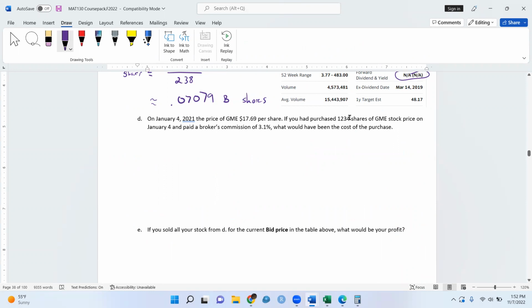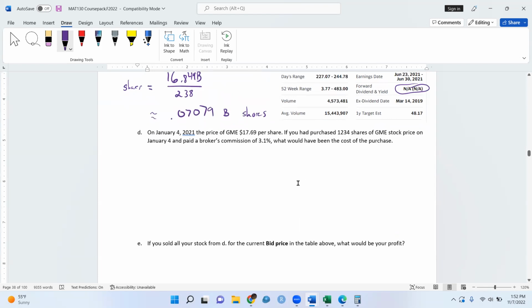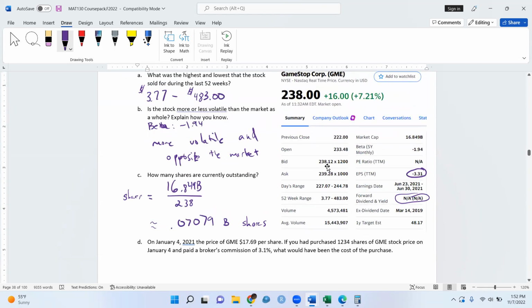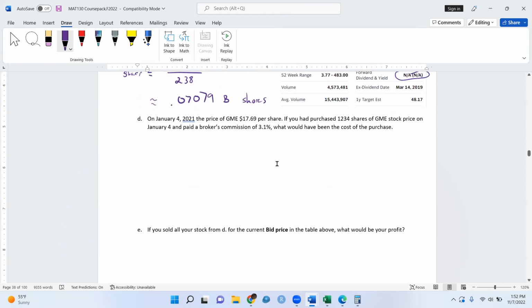If you'd purchased 1,234 shares of GameStop on that day, and you had to pay a 3.1% commission, what would be the cost of your purchase? That's the first part we did. Then you're going to sell your stock for the current bid price. Notice the bid price is right here. What would be your profit?